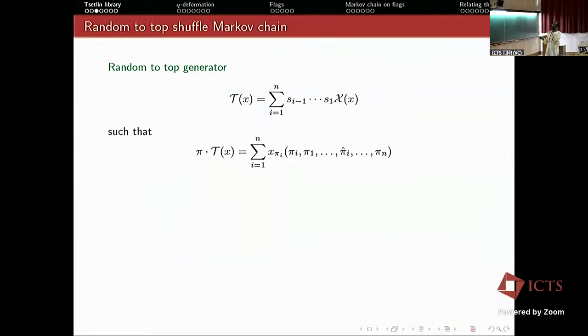We are post-multiplying, so you first act by S_{i-1}, then S_{i-2}, etc., and then you act by S1. That's the action of taking the book at position i and moving it to the front. This chi operator will just pick out x sub pi i. So this T is the generator, curly T. It will remove pi hat i and move it to the front with probability x sub pi i. That's all it is.